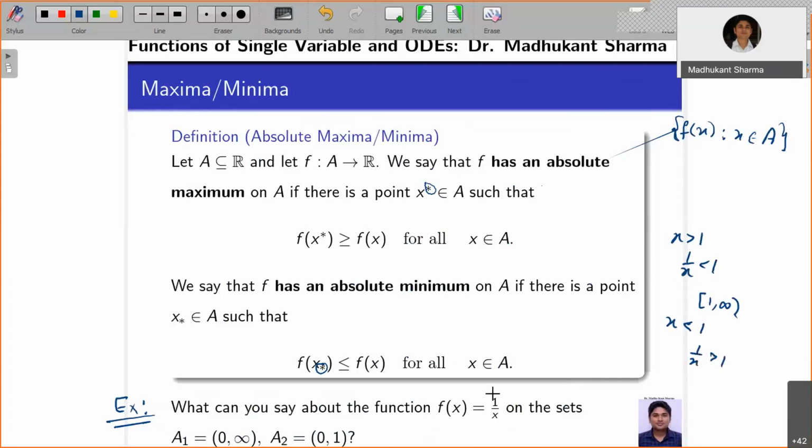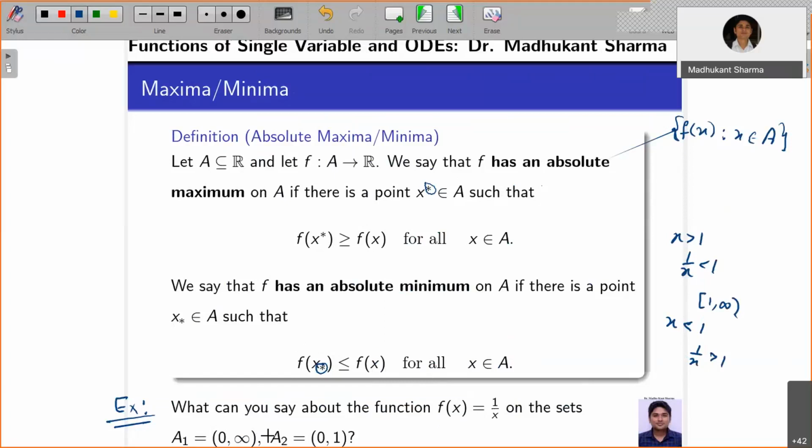So I will not be able to identify any point on the interval A1 such that f of x is less than or equal to f of x star. Similarly, I will not be able to identify a point x star inside A such that f of x star is less than or equal to f of x for all x in A. So neither is possible on the interval 0 to infinity.